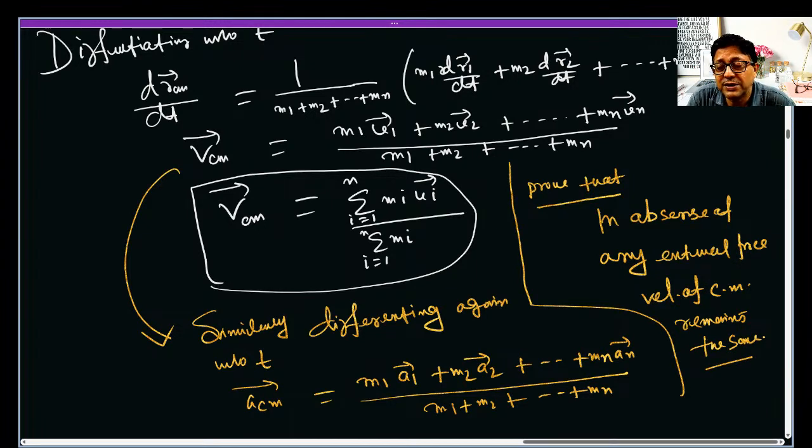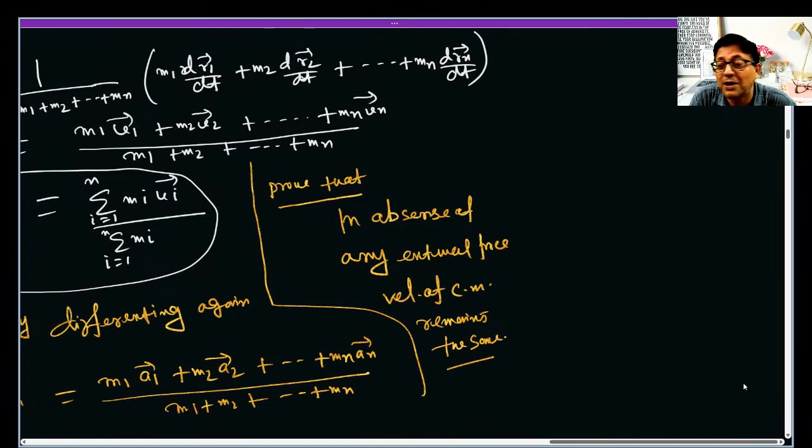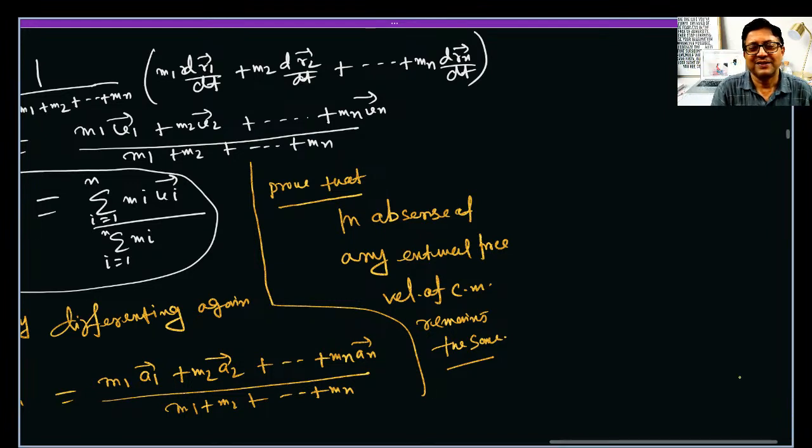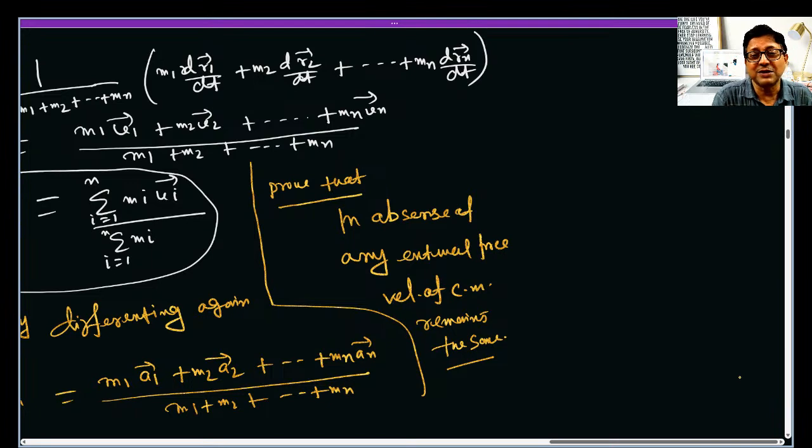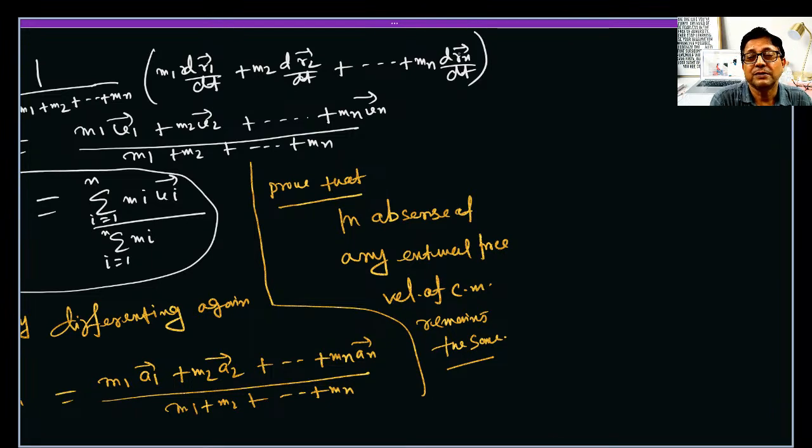I'll show you one very interesting application on it, but first you prove this. You have forthcoming school examinations, get ready for that. This question may arise. In absence of any external force, velocity of center of mass remains the same. You do it for a two body system. I am giving you some relief here, a hint from my side.